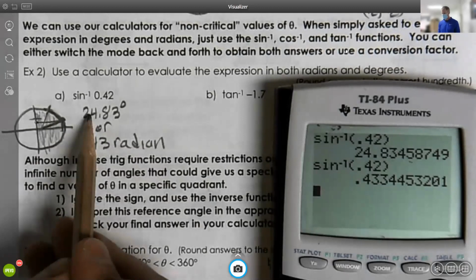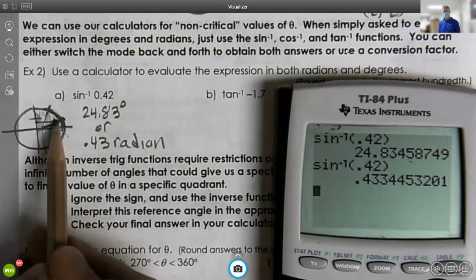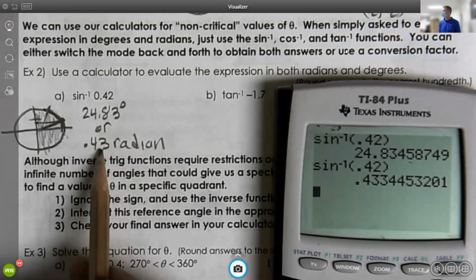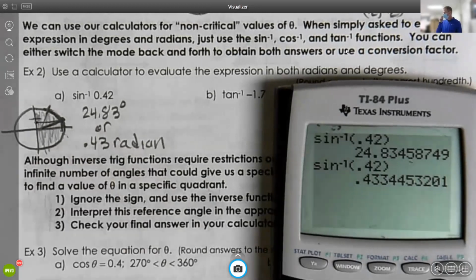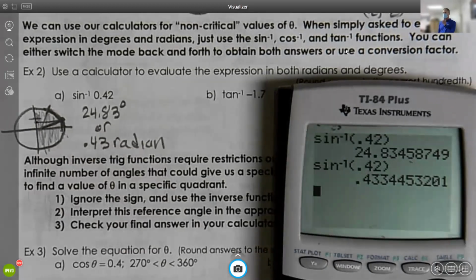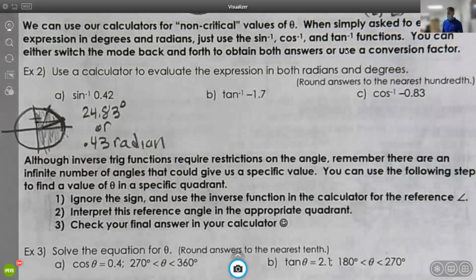It's more than half that less. So that's why we're less than half on your radian. You don't have to totally understand and be able to explain all that, but there is an understanding for what that 0.43 radian means and how that is a reasonable answer.